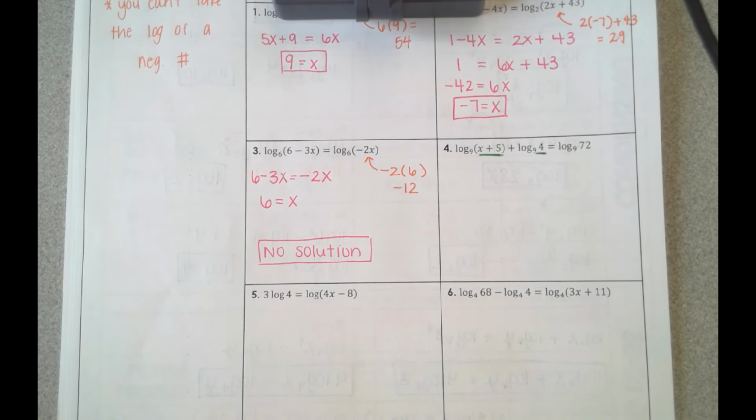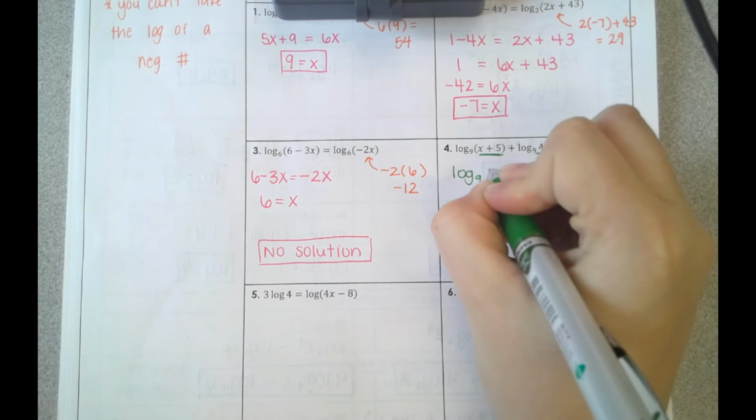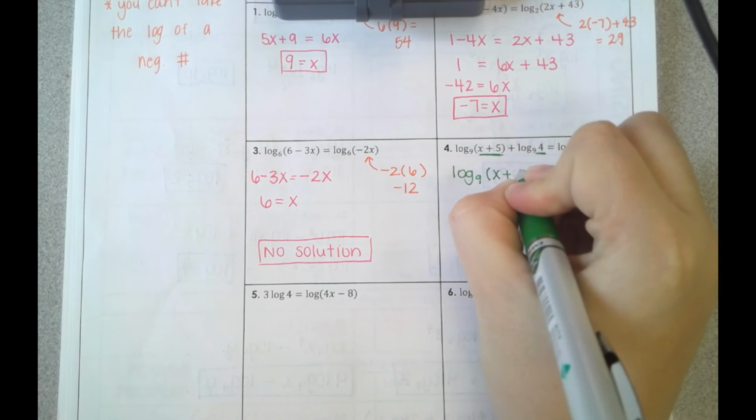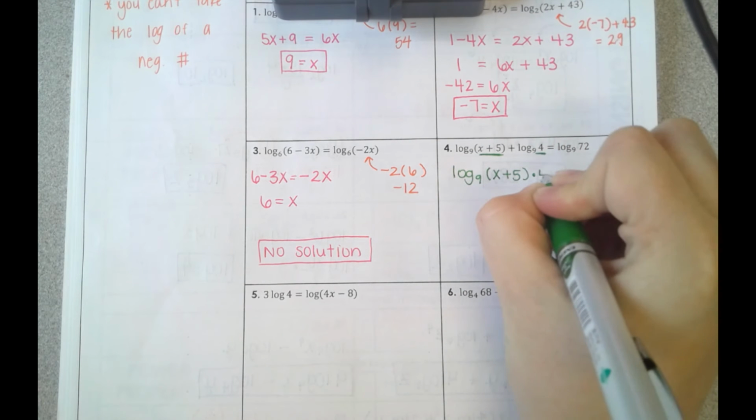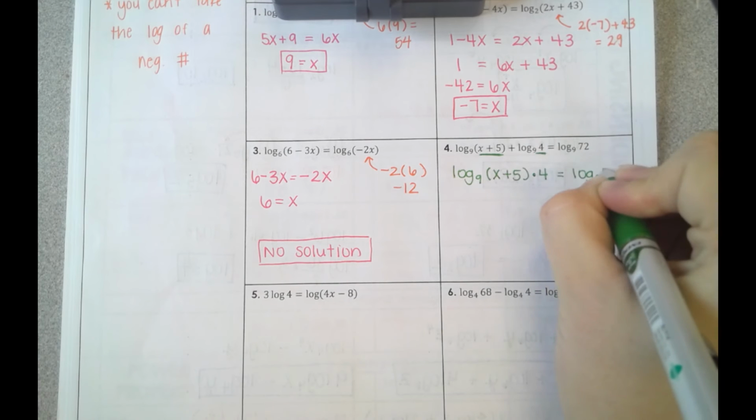Does anybody know what I do with those? Your properties. When we have 2 logs being added together, what do we do with what's in the parentheses? Multiply them. So this is really log base 9 of x plus 5 times 4 equals log base 9 of 72.